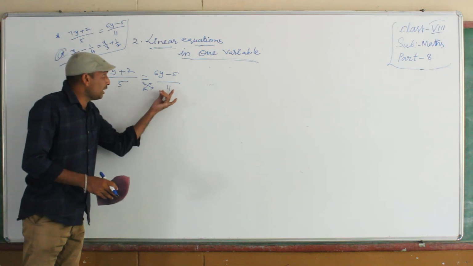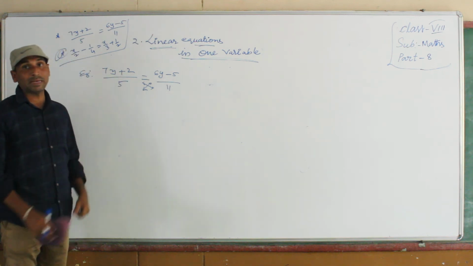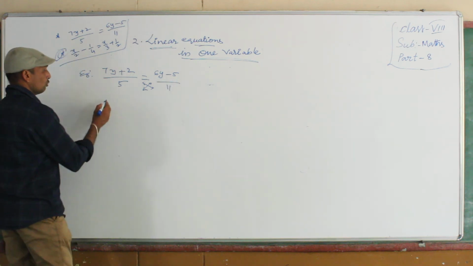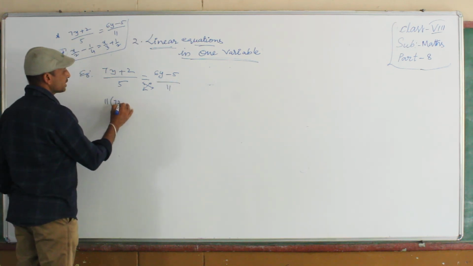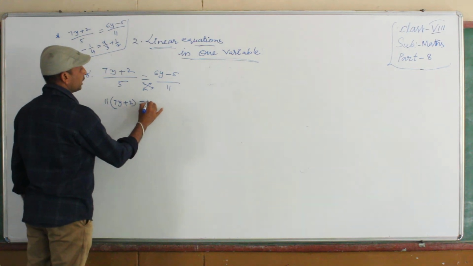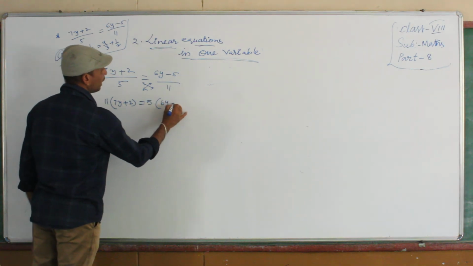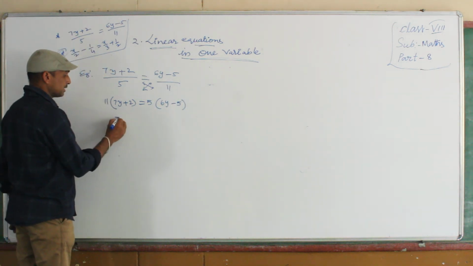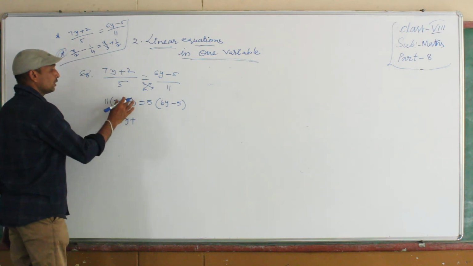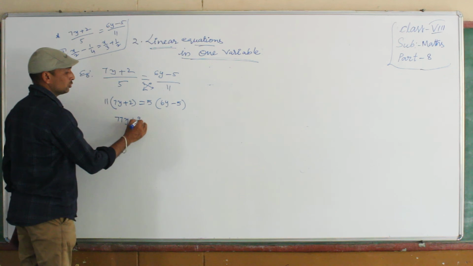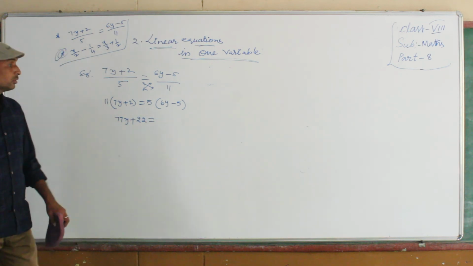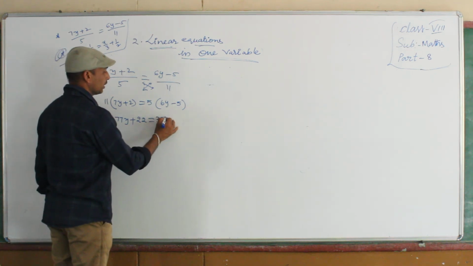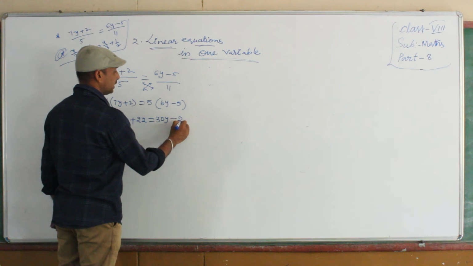With 11 we multiply this numerator, and with 5 we multiply this numerator. So 11 into 7y plus 2, and 5 into 6y minus 5. 11 into 7 is 77y, plus 2 into 11 is 22, equal to 5 into 6 is 30y, minus 5 5s are 25.